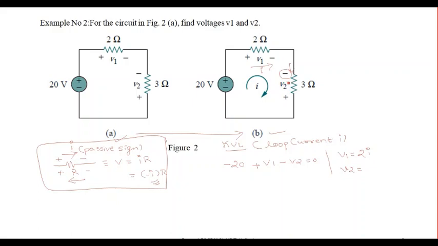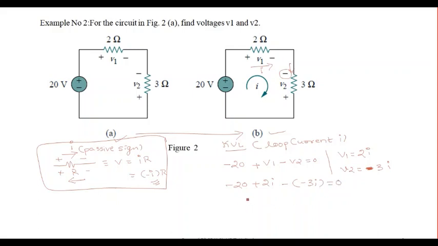So V2 will be negative of 3 times I. If I utilize these things here, I will get minus 20 plus 2I, minus of minus 3I equal to 0.